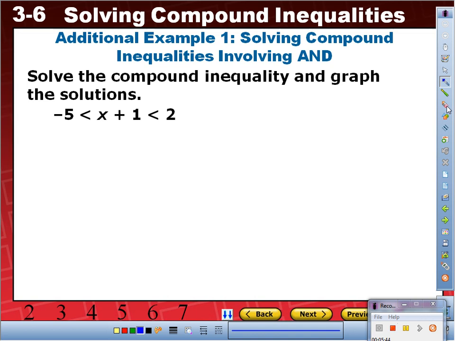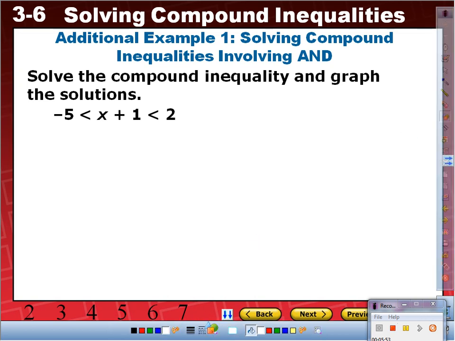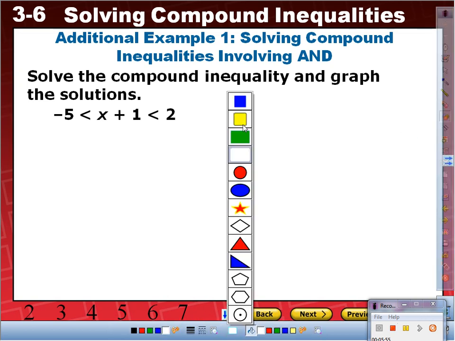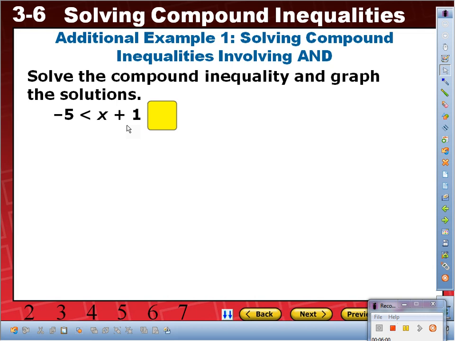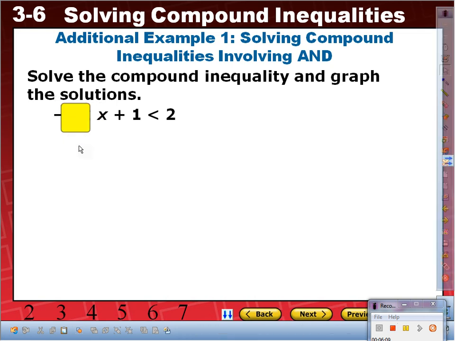Now, check this out guys, if I was to cover this part, and I asked you to solve this, what would be our first step? Subtract 1. But if I move this over and I cover this side, once again, what would be our first step? Subtract 1.